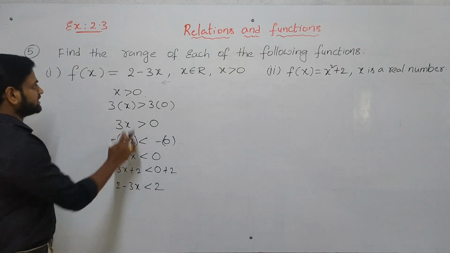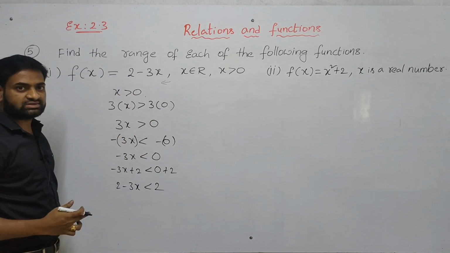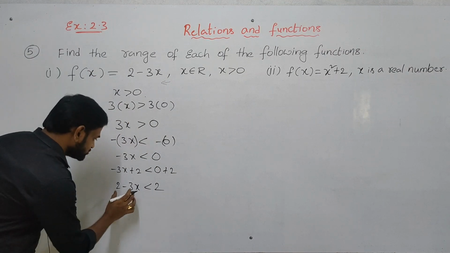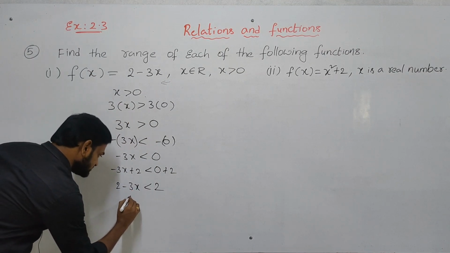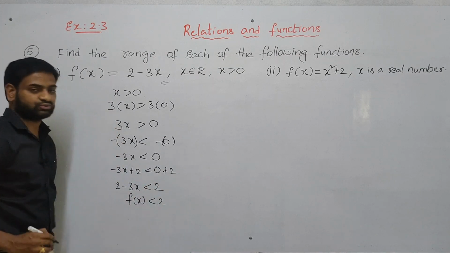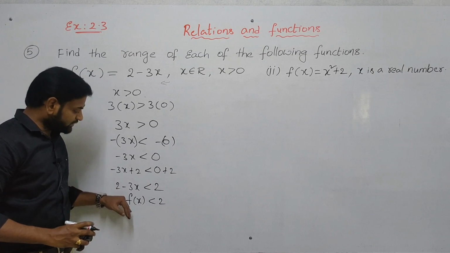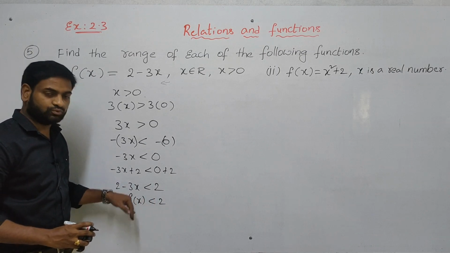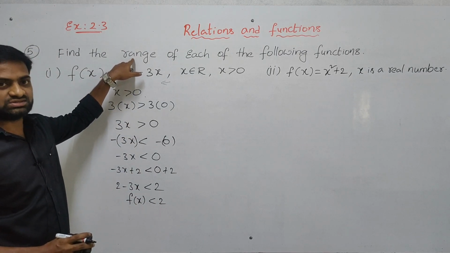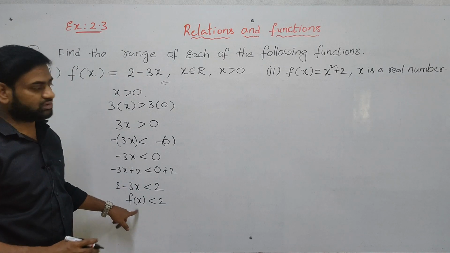Now we got the form 2 minus 3x, which is f of x. So in place of 2 minus 3x, I am writing f of x less than 2. So f of x values are below 2. F of x is nothing but the range.